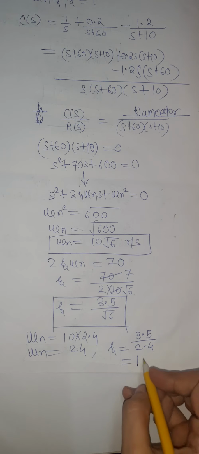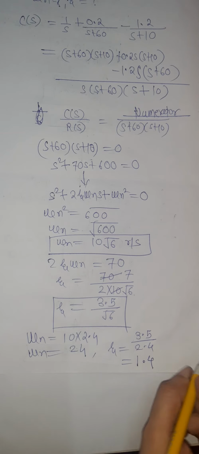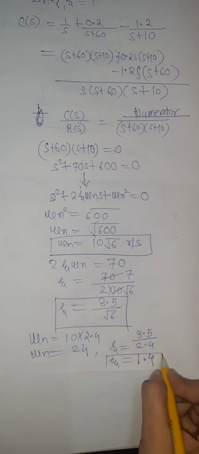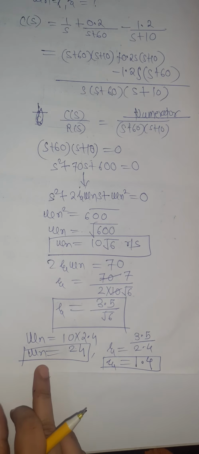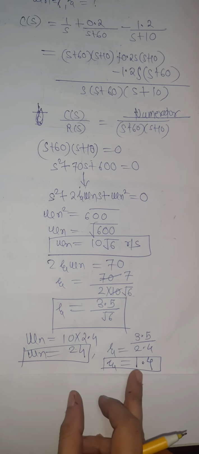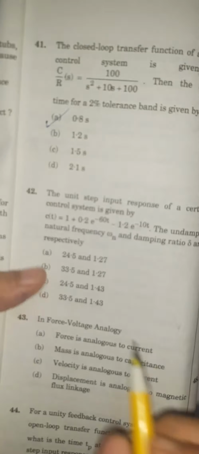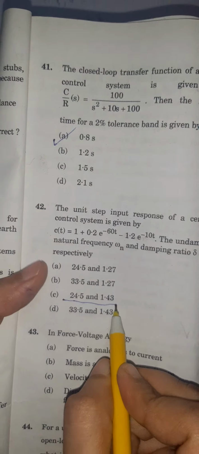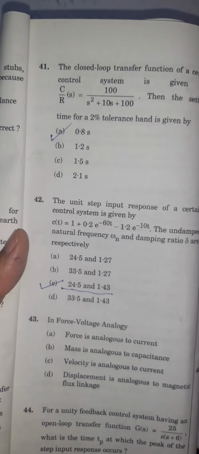So the value is lying at 1.4 something. So we will check the options. Our omega n will be nearly equal to 24 and zeta is 1.4. So 24.5 and 1.43 is the nearest answer. Option C is the right answer.